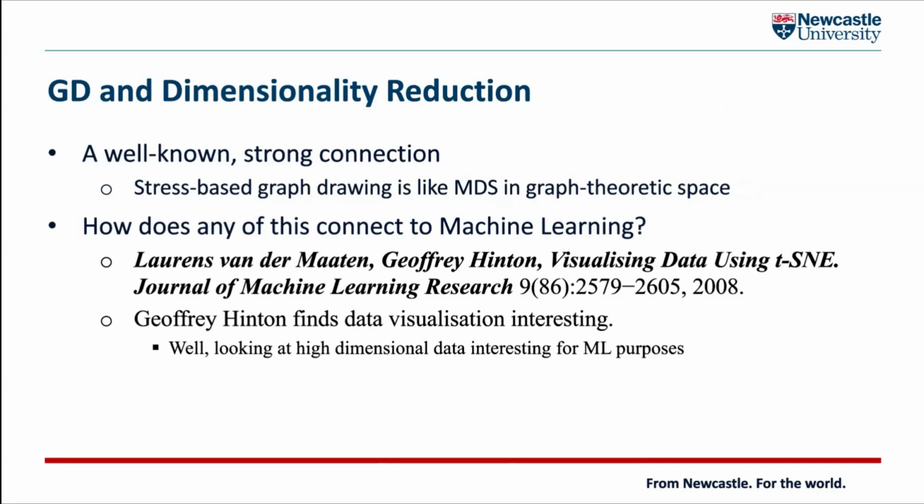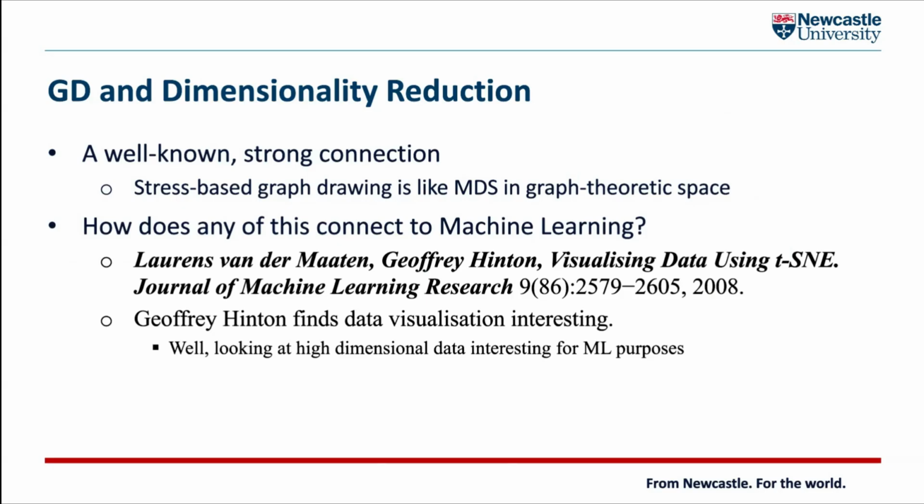So graph drawing and dimensionality reduction do have a well-known strong connection. The easiest way, at least for me, to see this is in the connection between stress-based drawing and MDS. So anything that uses a Kamada-Kawai-like algorithm, that includes all of the stress optimization techniques, have similarities to MDS.